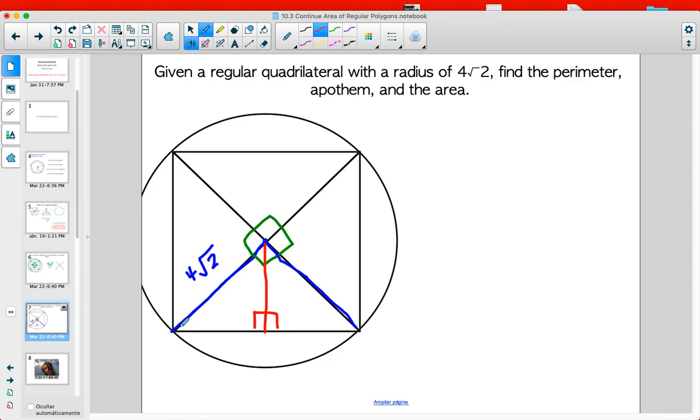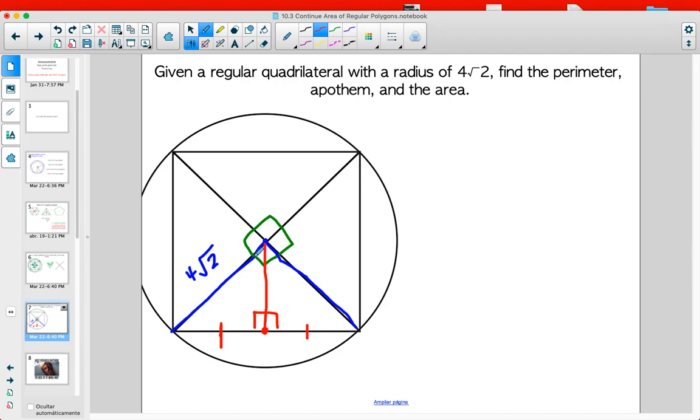This is an isosceles triangle, so that means that this point at the bottom is cutting this side at the bottom in half. So that means that this side from this vertex to this point is congruent to this side from this point to this vertex. So in other words, this point is the midpoint of this side. And that's going to help us.